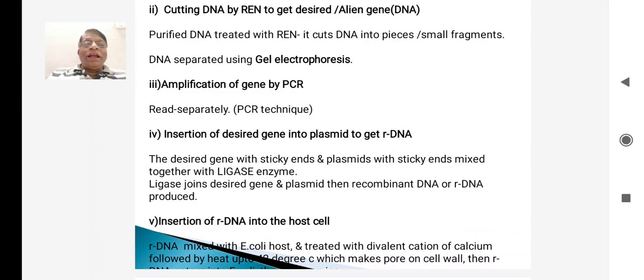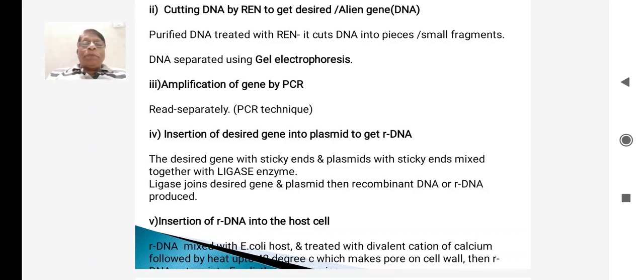The DNA fragments are separated and purified by using the technique called gel electrophoresis. In the previous class, you have studied gel electrophoresis, and how the DNA is obtained in this process.